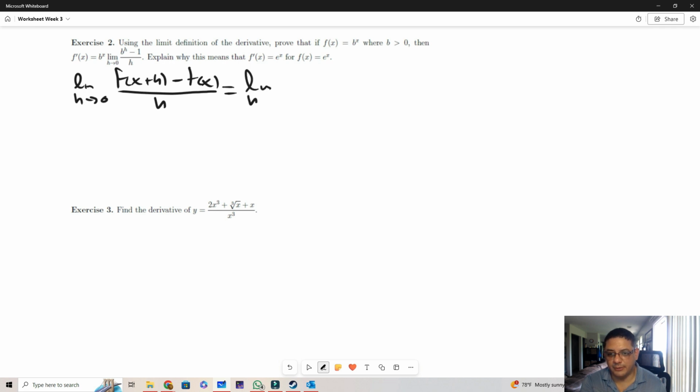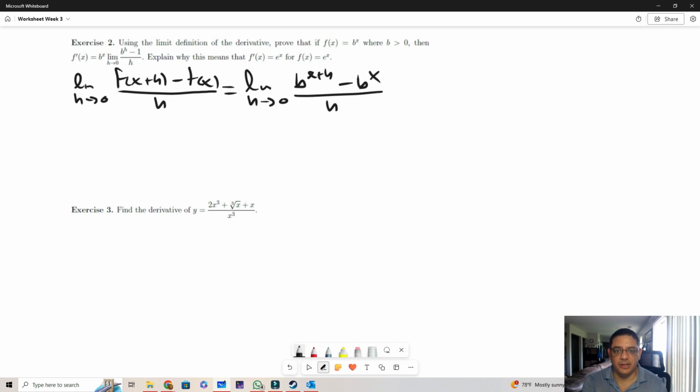This is the limit when h goes to 0 of b to the power of x plus h minus b to the x over h. Remember that when we're doing f of x plus h, we're just replacing x by x plus h.